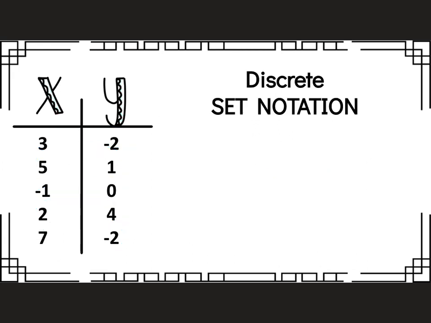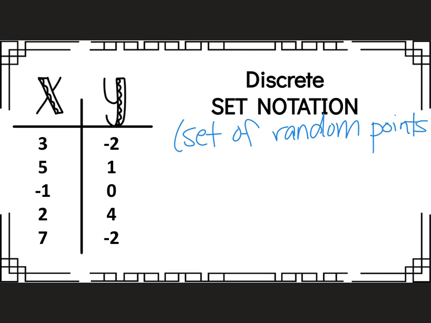Now, one more way we can do this is using discrete set notation. So when we talk about set notation, and when we have discrete data, this is only a set of random points when we use this. So for example, each of these is an ordered pair. Just as we did before, we can set it up this way.